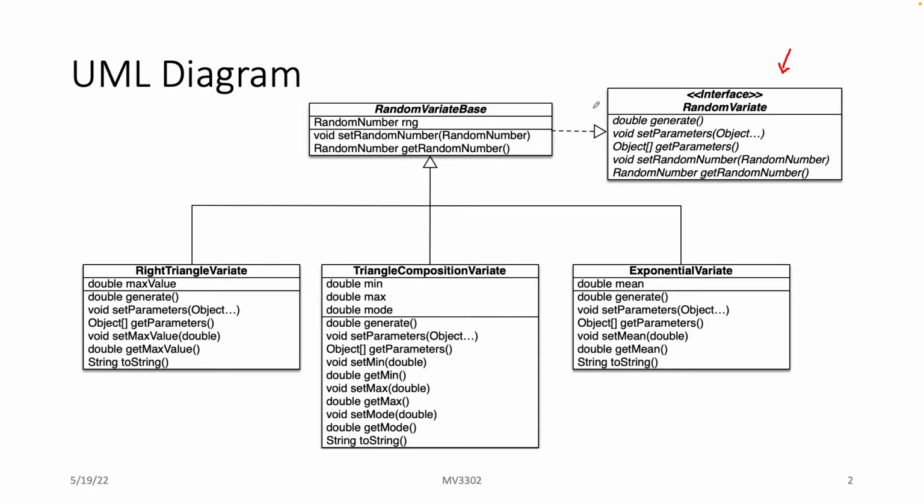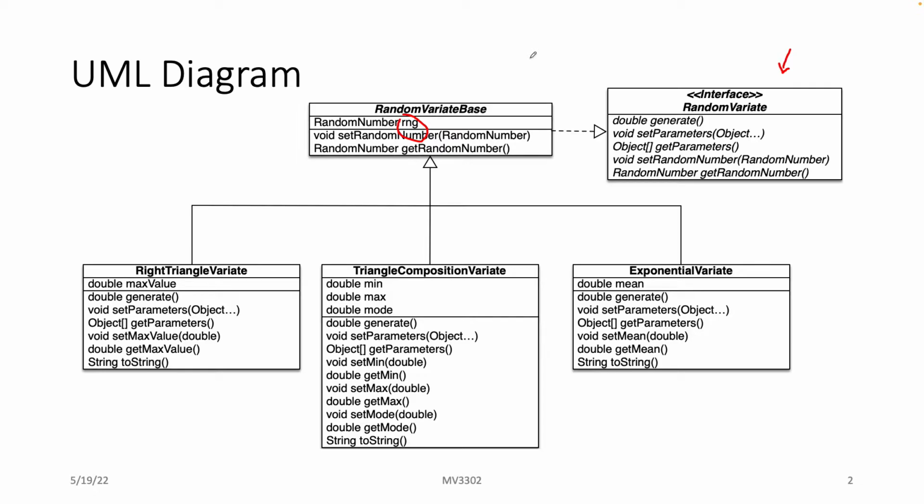Every random variable requires a stream of uniform 0-1 random numbers. So how do we do that? Well, we have an instance of a random number, and it has a setter and getter, so we have complete flexibility in terms of which one we decide to use.